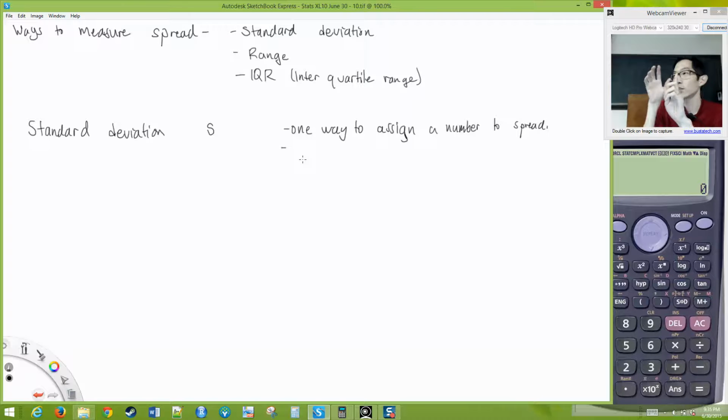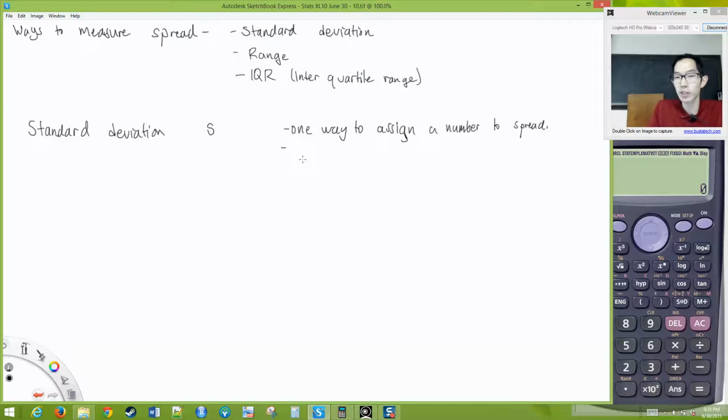So if the mean is 200 and almost all of our data points are very close to the mean, like 190 and maybe the farthest one's like 180, we measure how far those are away from the mean, and we kind of come up with an average number of the distance from the mean. Okay?